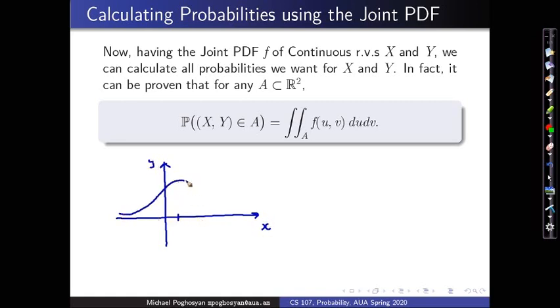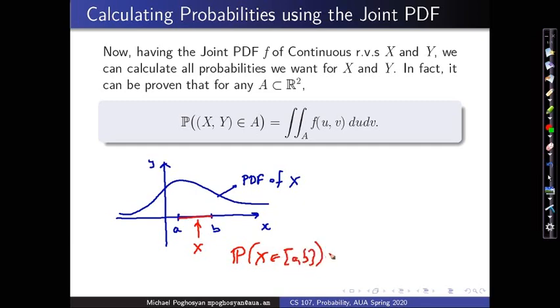If we have some PDF, say this is the PDF of one random variable X, and if we want to calculate the probability that X is in, say, [a, b], then we are integrating our PDF, say our PDF is f, over that set [a, b].